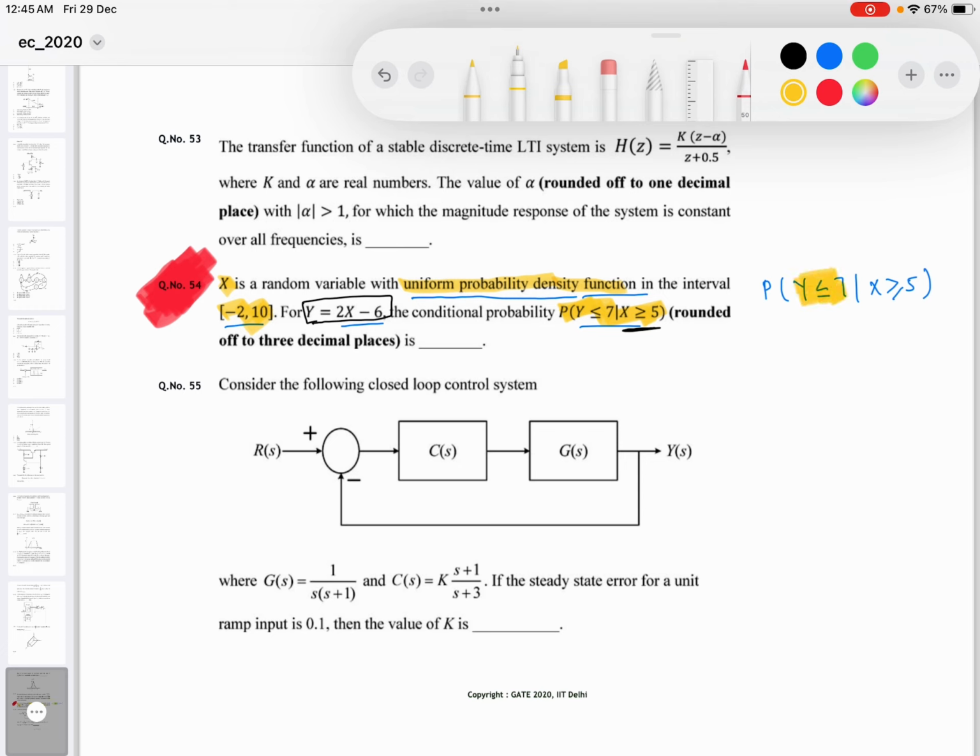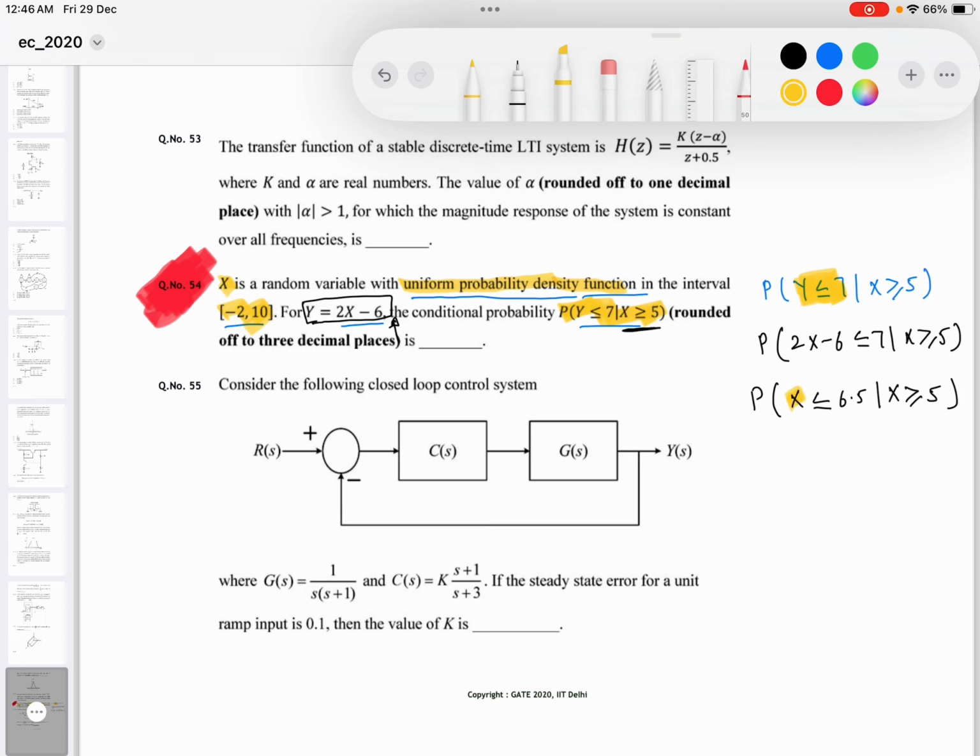It would be easier to see and visualize for further calculation. So with this relation, we can put y as 2x minus 6, so it would be less than or equal to 7 given x is greater than 5, right? And we can further simplify it. So x is less than (6 plus 7) is 13 divided by 2, that is 6.5, given x is greater than 5, right?